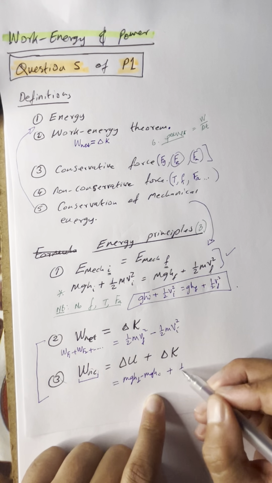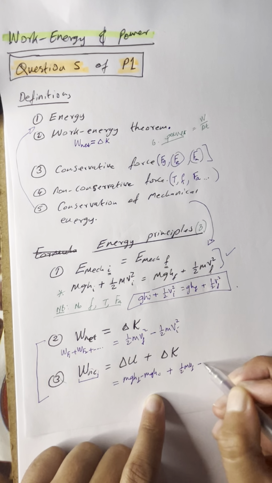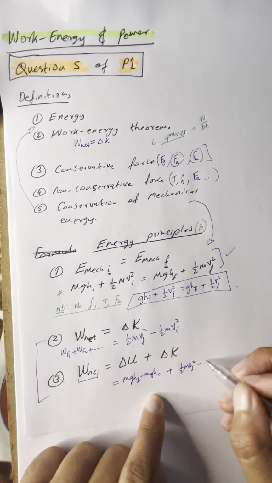Plus 1 over 2 m v final squared minus 1 over 2 m v initial squared. It's going to be given like this in the formula sheet.